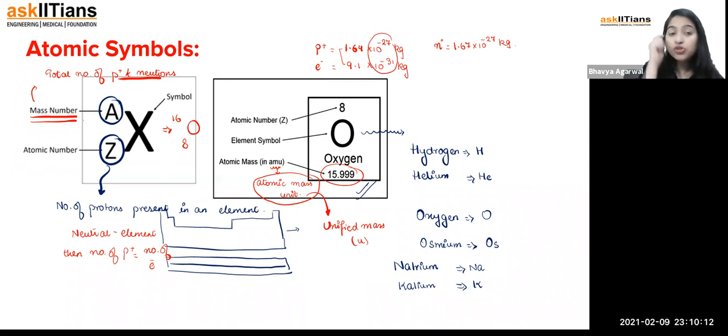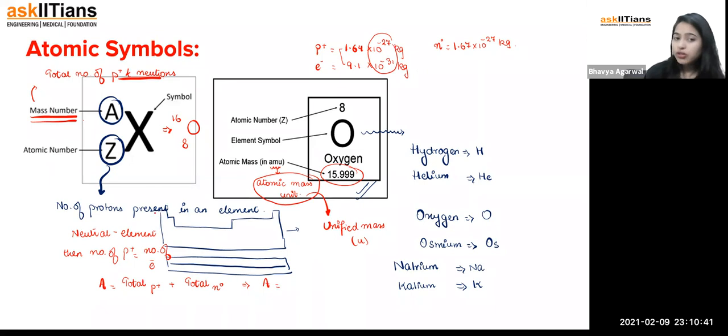Okay then, so now let's talk about another part. The mass number, or A, is equal to what? The total number of protons plus the total number of neutrons.